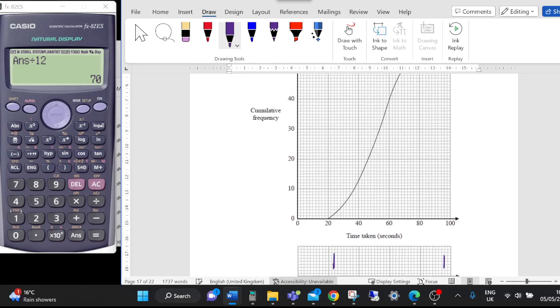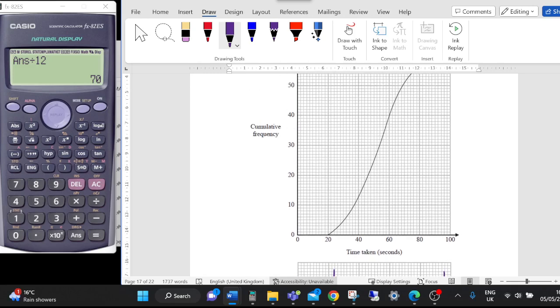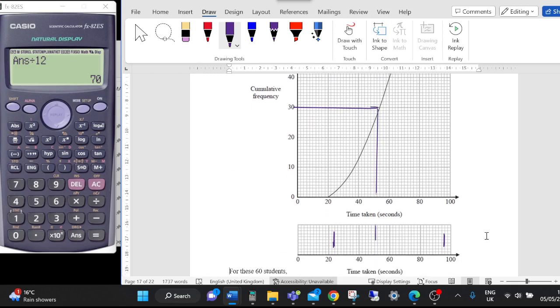And this is the reason why you have them over each other. If I've got a total of 60, then the median will be at the 30 mark, and then you can go straight down and carry that line onto your graph. That's why in A-level papers where you're drawing it from a cumulative frequency graph, they would normally line them up.